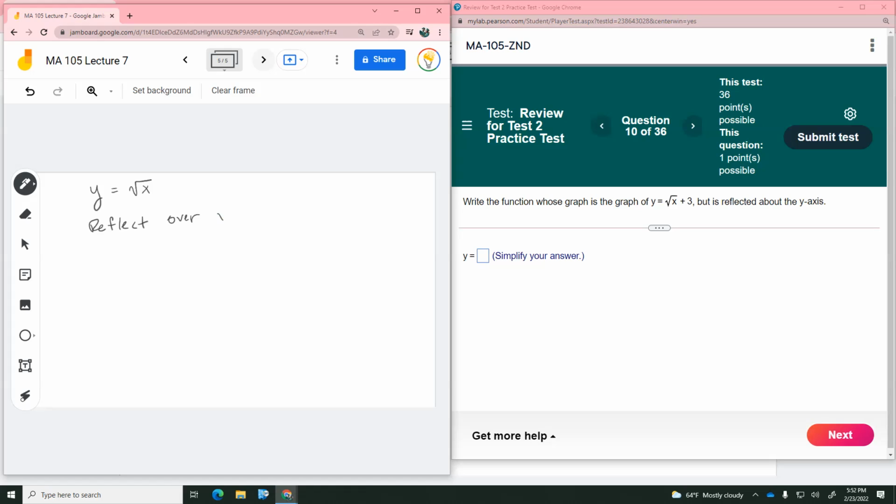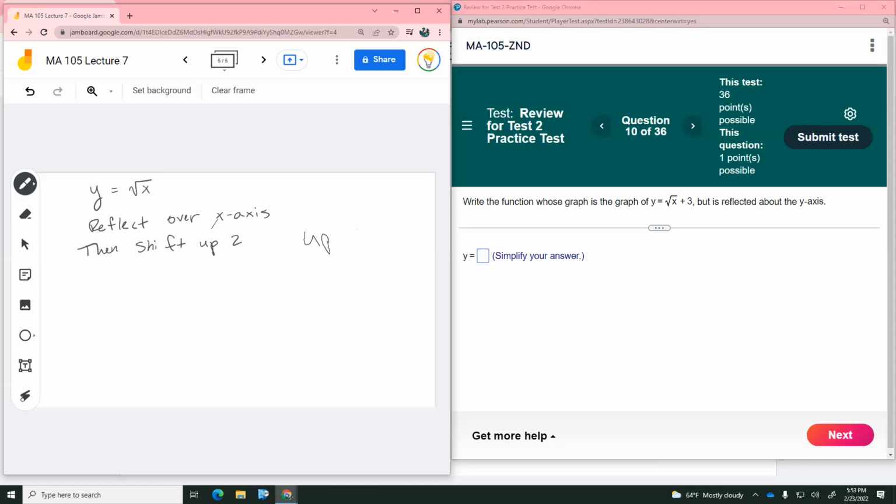Why is it not updating? Oh, more technology. It works when it wants to. It's updated. All right, so reflect over the x-axis, then shift up 2. There we go. There's the rest of it.